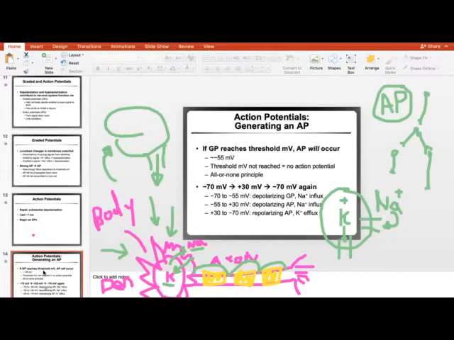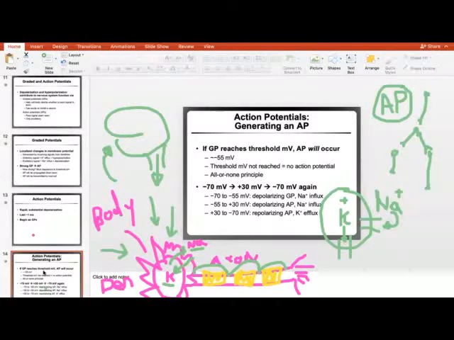Nothing is going to occur in regards to an action potential being propagated down the axon. So you're not going to have an action potential if you have a slight change in millivolts, like from negative 70 to negative 65. Nothing's going to happen with smaller changes in that potential.